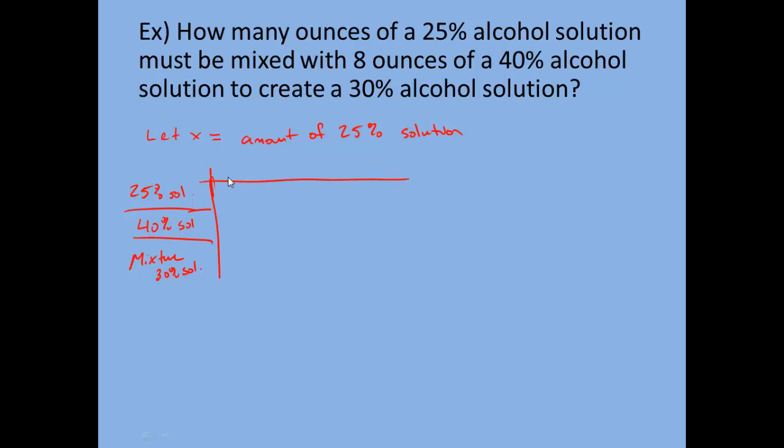And when I set this up, what I'm really going to use is the equation I set on the other side, that the strength of a solution times the number of ounces, or the amount, will give you the amount of the substance present. So in this case, the amount of alcohol.